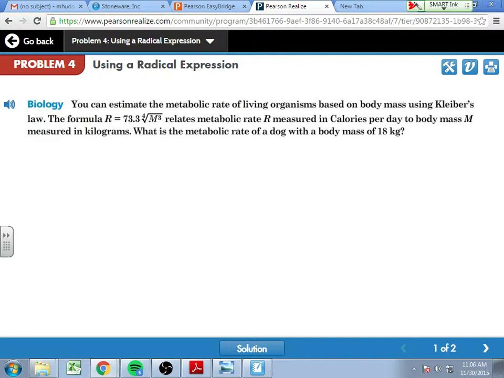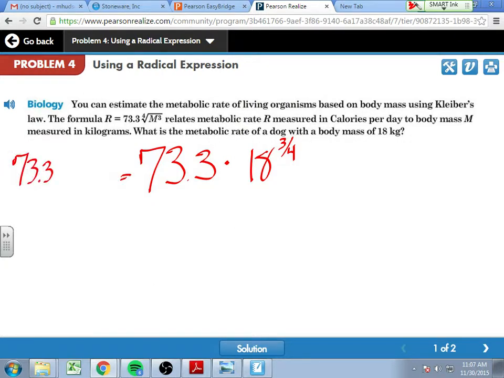So we could just start by doing 18 cubed, then take the 4th root of it, because an easier way to write this is 73.3 times 18 to the 3/4. This was really 73.3 times the 4th root of 18 cubed.